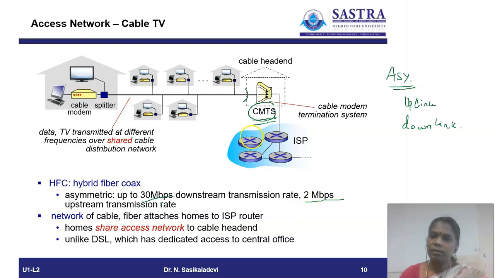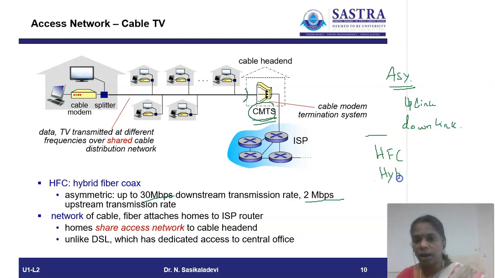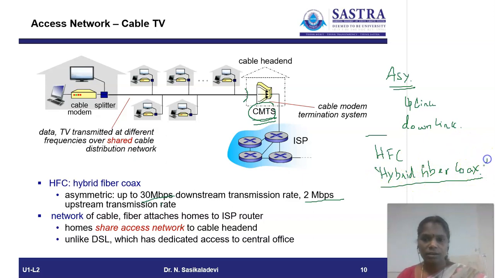In some books we also refer to this as HFC, that is hybrid fiber coax. This is one of the trending techniques from the communication point of view. Each and every television is connected with the nearest cable TV link through coaxial cable.